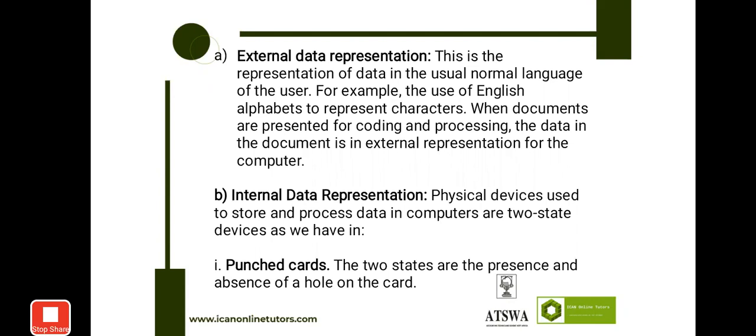For punch cards, the two states are the presence and absence of a hole on the card. You know how you could use a pin to punch holes. So you have places where there are holes and places where there is no hole on the card.